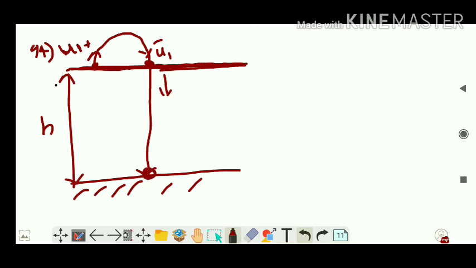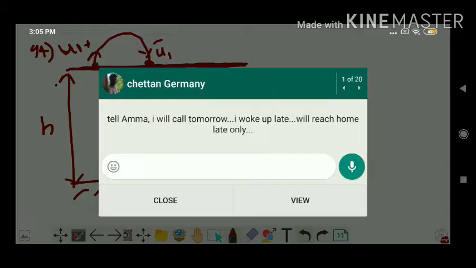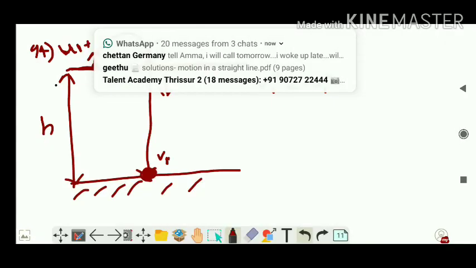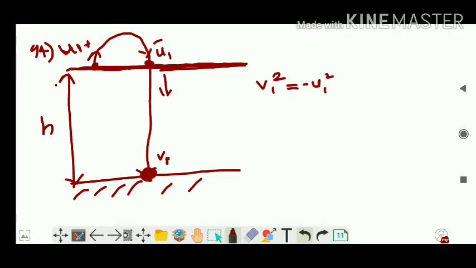Now the ball will be here. So let's say v1 is the velocity when it has reached the ground. So I will write v1 squared is equal to u1 squared. See, downward direction means I have to take it as minus u1 squared, right?